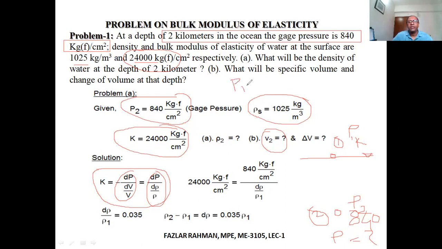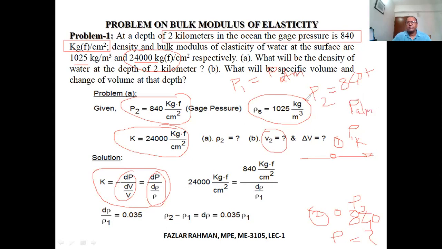P1 equals atmospheric pressure, right? I can say P atmospheric, that means 14.7 psi. And what is the pressure at P2? 840 gauge pressure. I will explain later on. If you add atmospheric pressure to the gauge pressure, then you get the absolute pressure. So your P2 is equal to 840 plus P atmospheric.